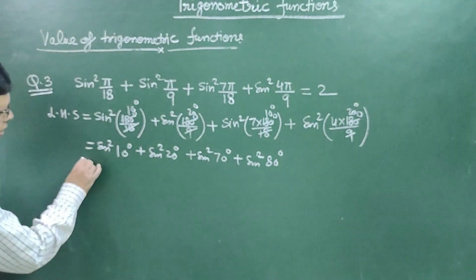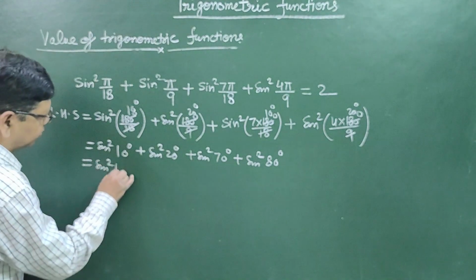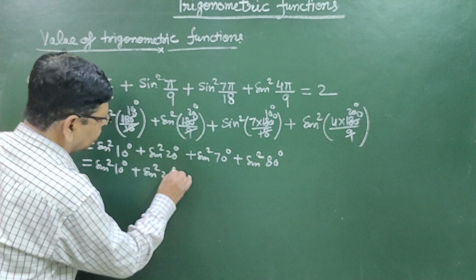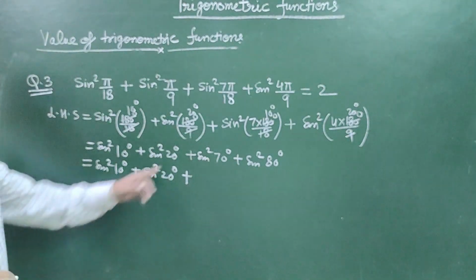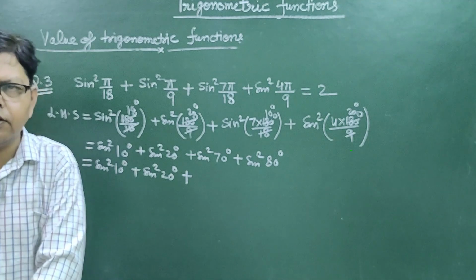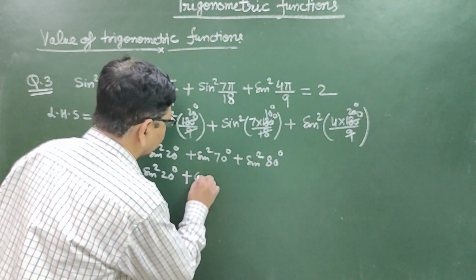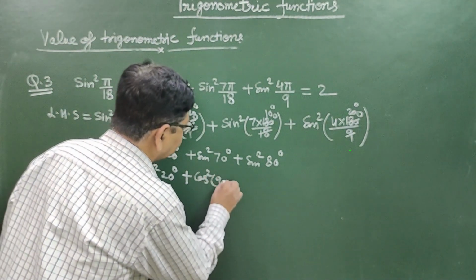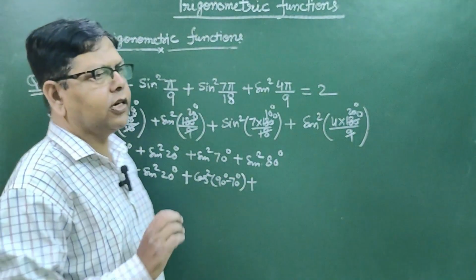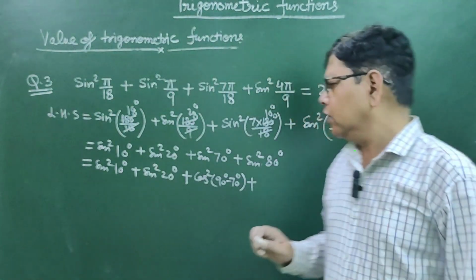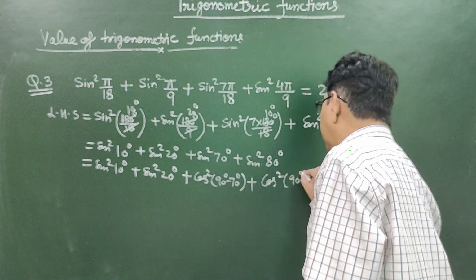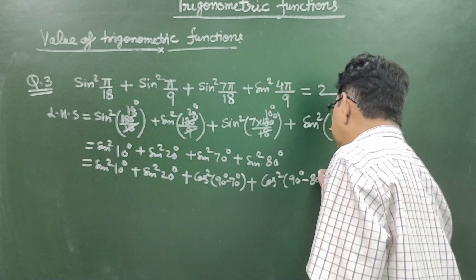Now sin square 10 and sin square 20 degree we keep as they are. This sin 70 degree you can write using sin theta is equal to cos of 90 minus theta. So you can write cos square of 90 degree minus 70 degree, plus this sin square 80 degree can be written as cos square of 90 degree minus 80 degree.